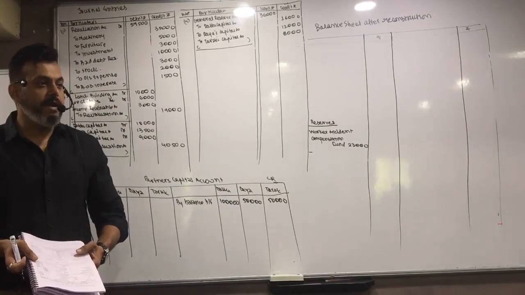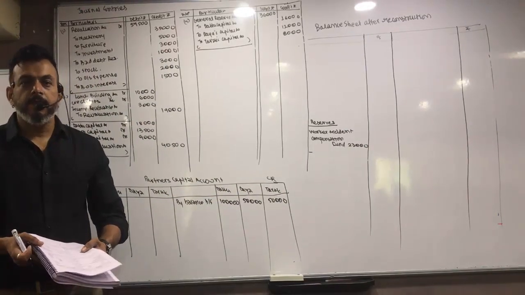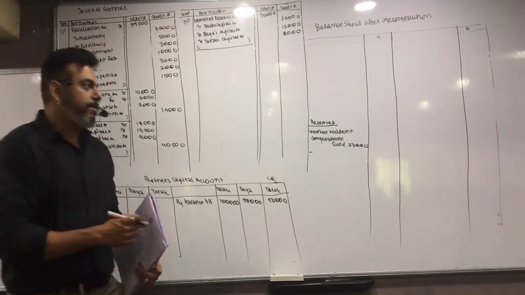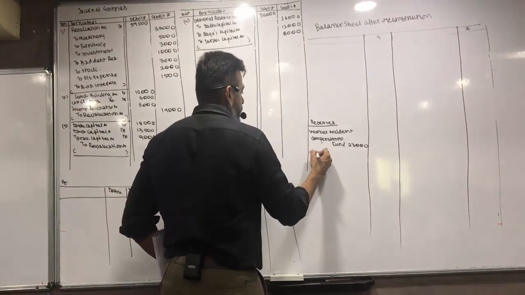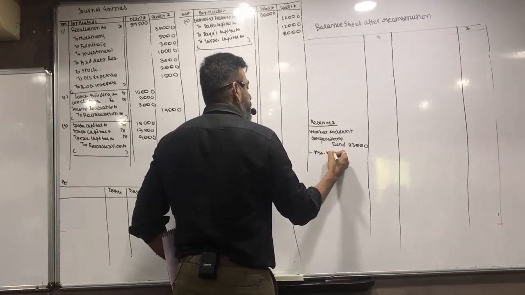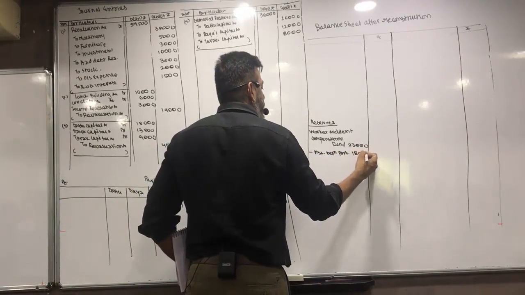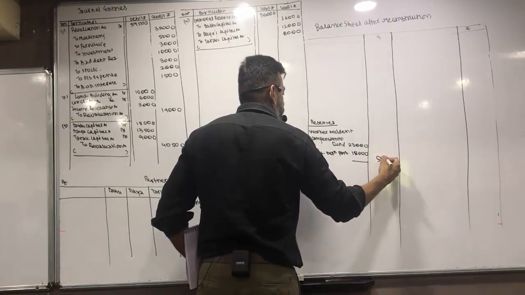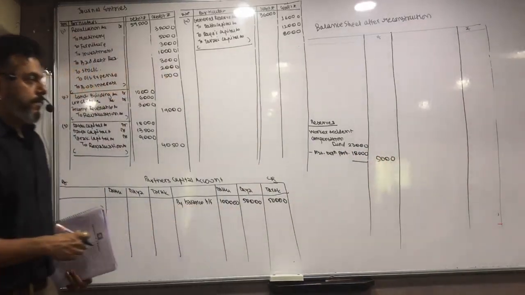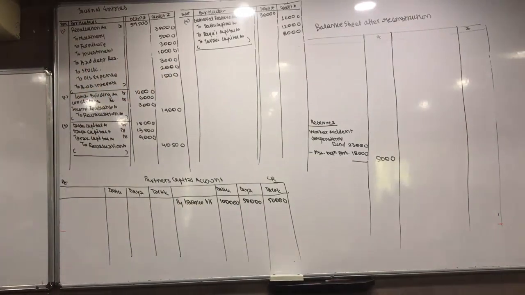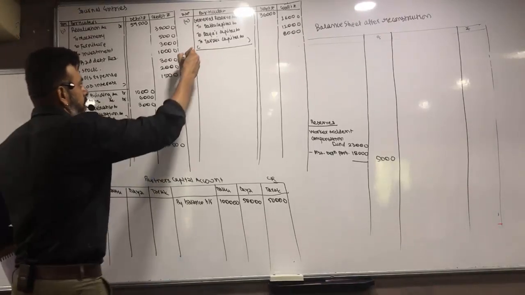So the remaining 18,000 will be distributed between the partners. So minus distributed between partners 18,000. Outer column 5,000. We write the journal entry number 5.